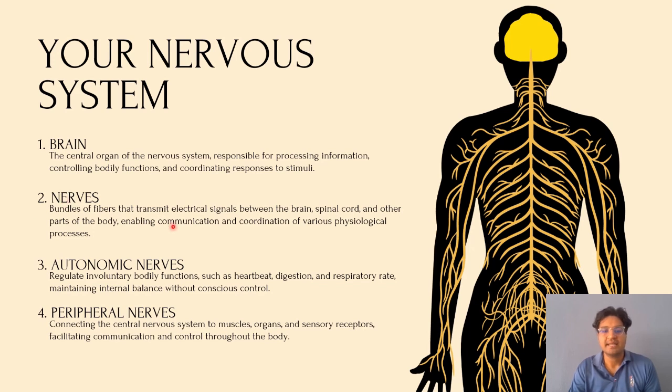Nerves are like bundles of fibers that transmit electrical signals, transferring messages between neurons. Autonomic nerves regulate involuntary bodily functions such as heartbeat, digestion and respiration, maintaining internal balance. The peripheral nervous system connects the central nervous system to muscles, organs and sensory receptors.